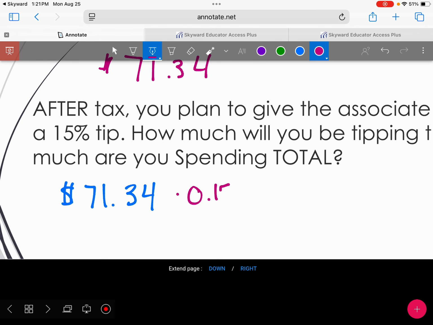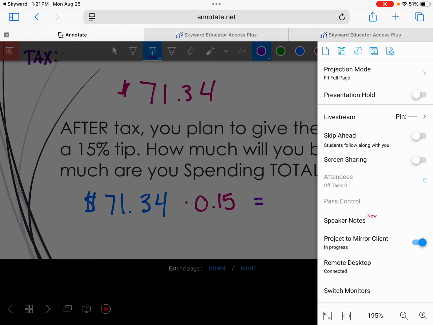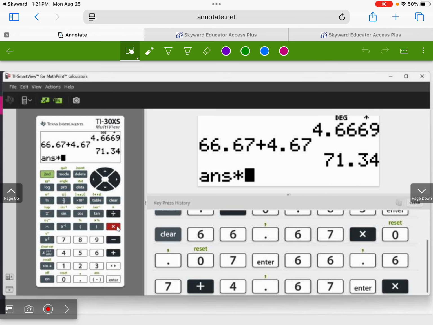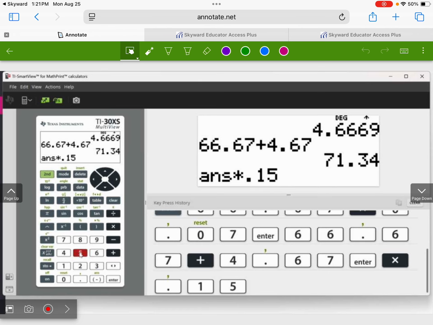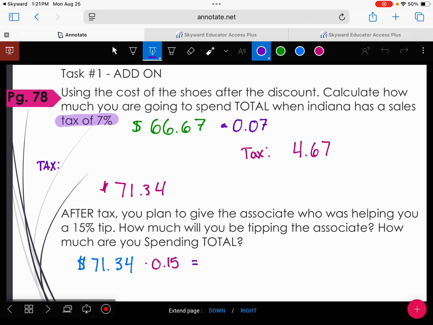So 71.34 times 0.15 is 10.701, which we're gonna round to 10.70. Me being verbal is helping me learn.